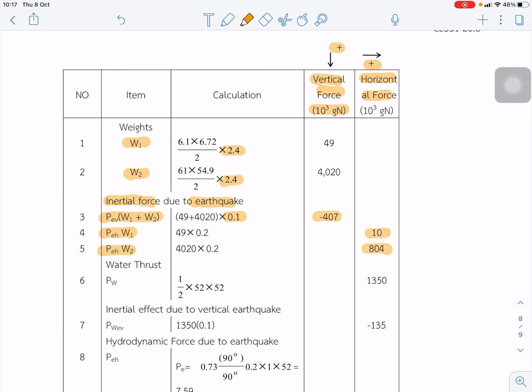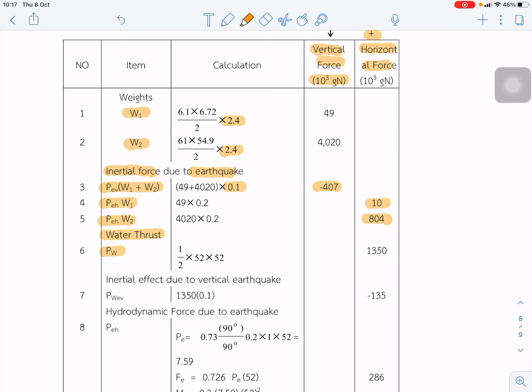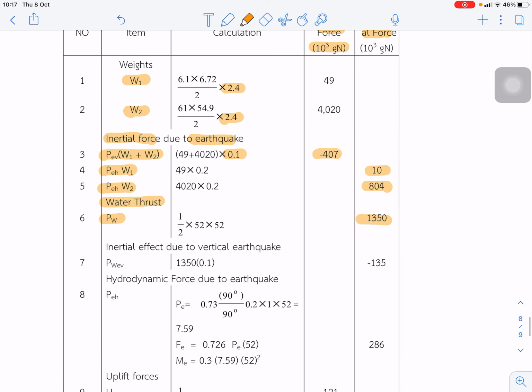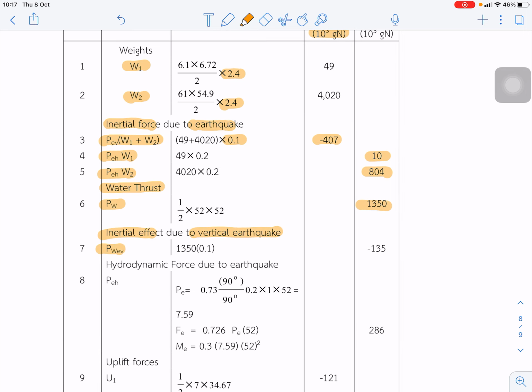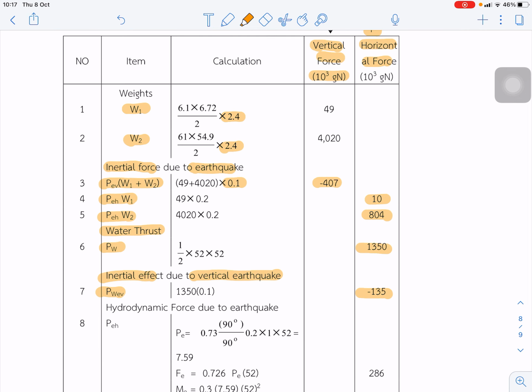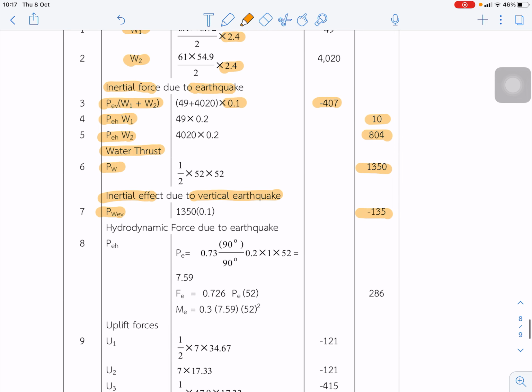PEH B1, B2. For the water hydrodynamic pressure PW, it is in the downstream direction. And the inertial force due to the vertical earthquake is in the upstream direction, so we put a negative sign. And the hydrodynamic force due to the earthquake PH.